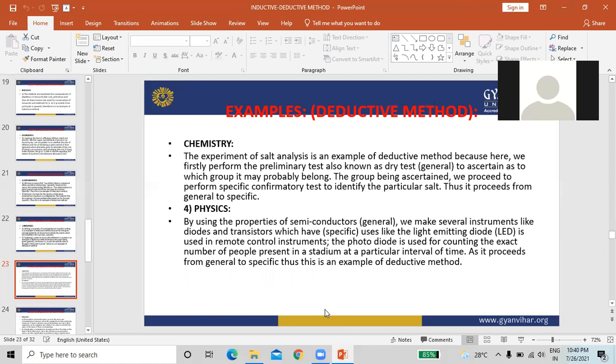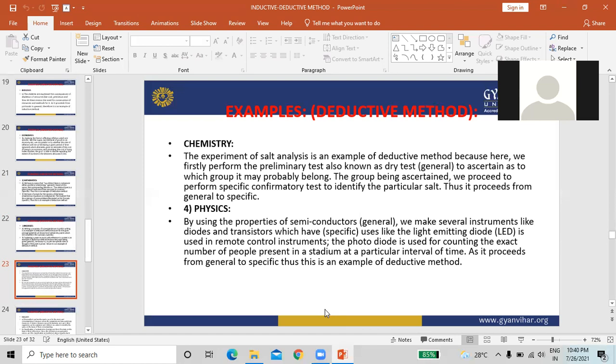The group being ascertained, the process is to perform a specific confirmatory test to identify the particular salt. Thus, it proceeds from the general to specific.